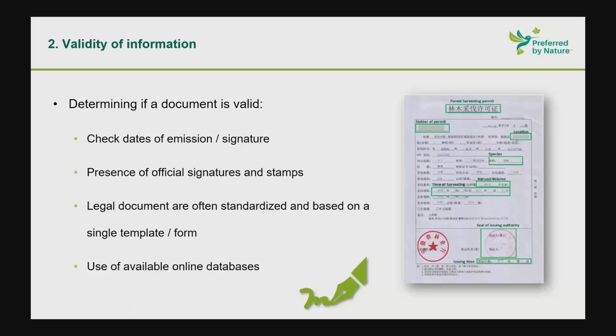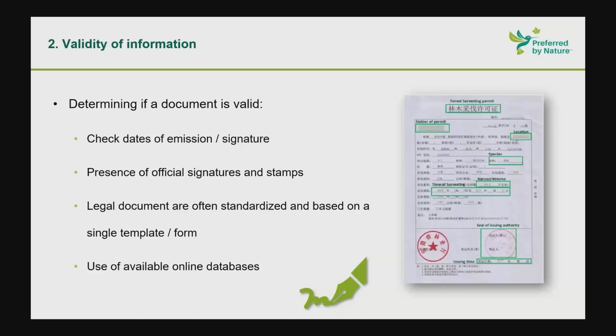And there are a few tips to do that. You might not always be able to be 100% sure that a document is valid, but you might keep in mind a few background checks, like the dates of the emission of the documents, verifying that signatures and stamps are there, and verifying that the template of the document looks normal, familiar and usual.